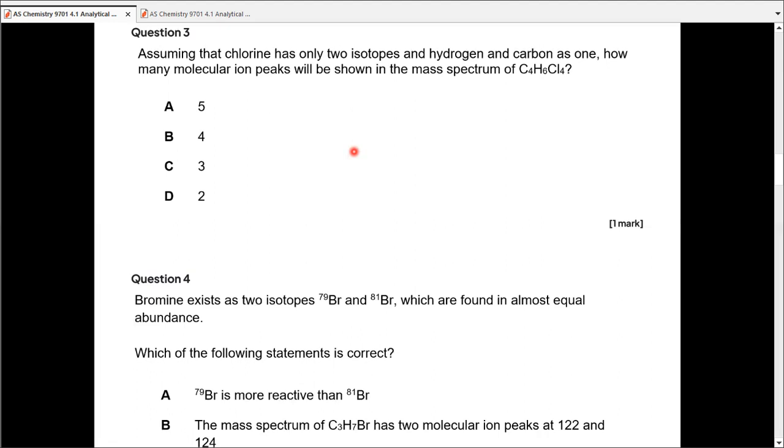Like, chlorine has only two isotopes and hydrogen and carbon have one. Okay, let's relate it to the previous question.